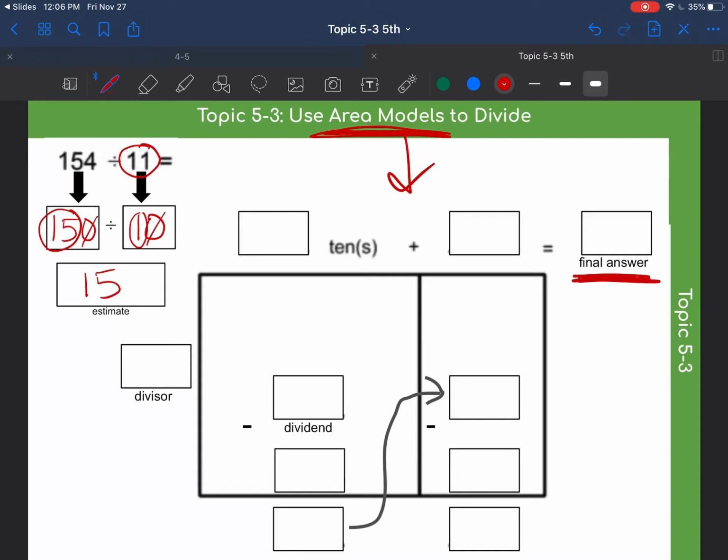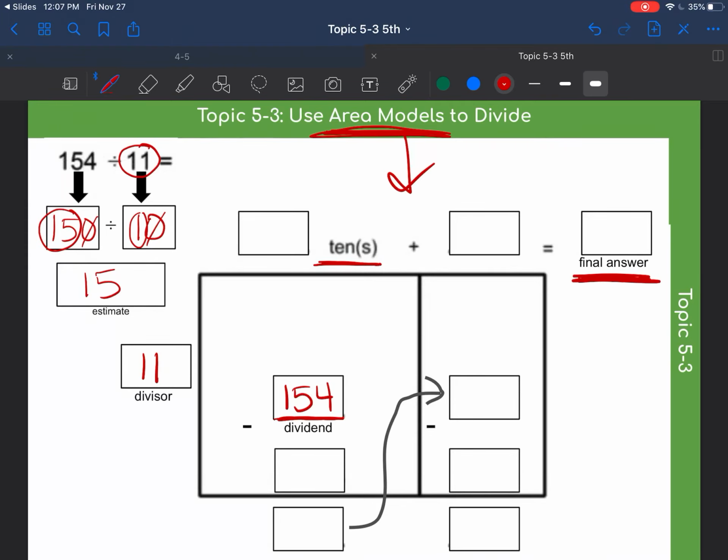So now what we do, we put our divisor, which is 11, where it says divisor. We put our dividend where it says dividend, 154. Okay, and now this is the first step. You want to think 11 times how many tens? Meaning 1 ten would be 10. 2 tens would be 20, 3 tens would be 30. 11 times 10, 20, 30, what would get you as close to 154 as possible?